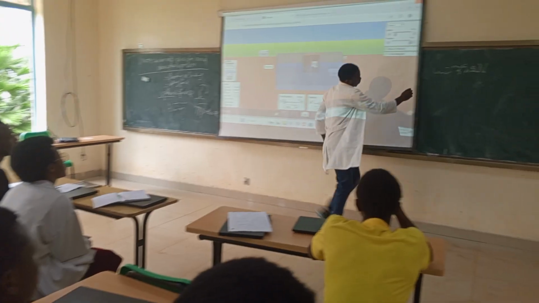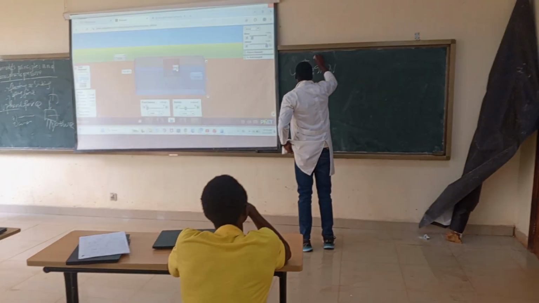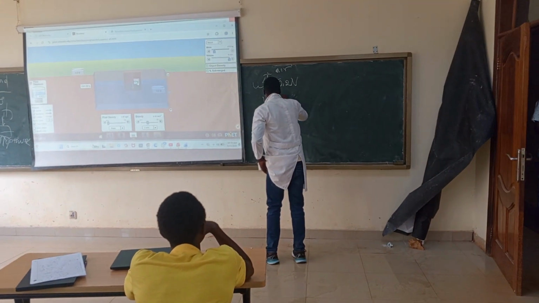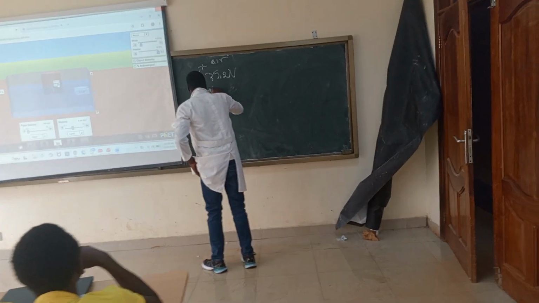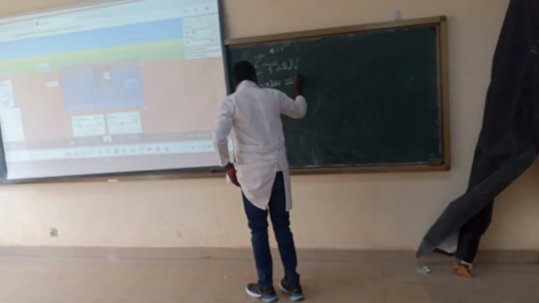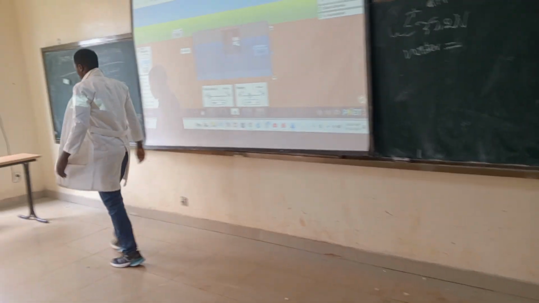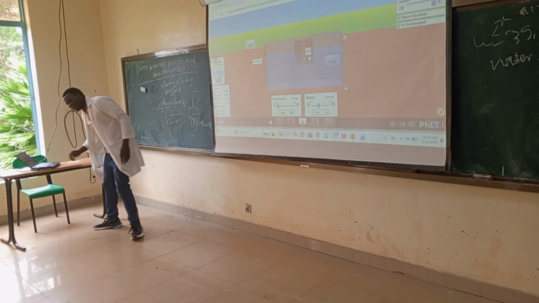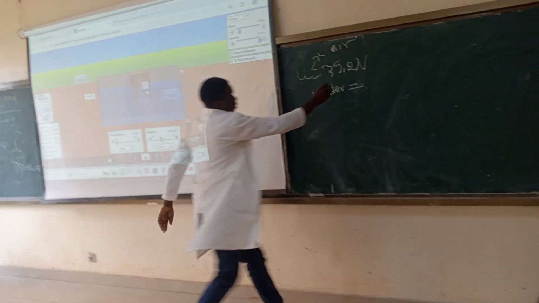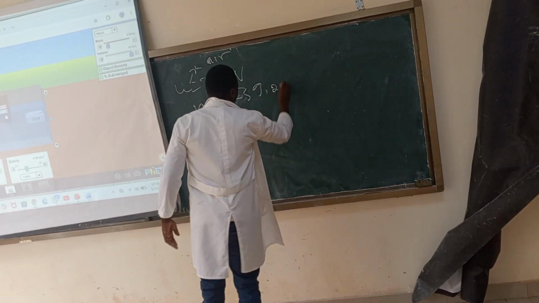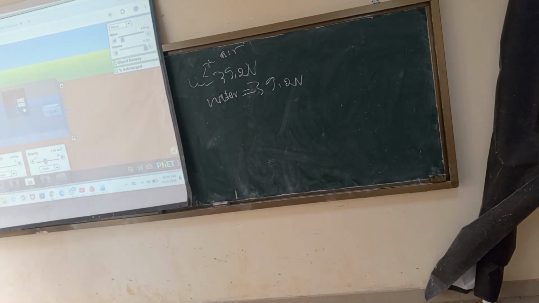We have weight in the air and then weight in water, and then it measures 39.2 newtons. Clear? Yes. Clear.